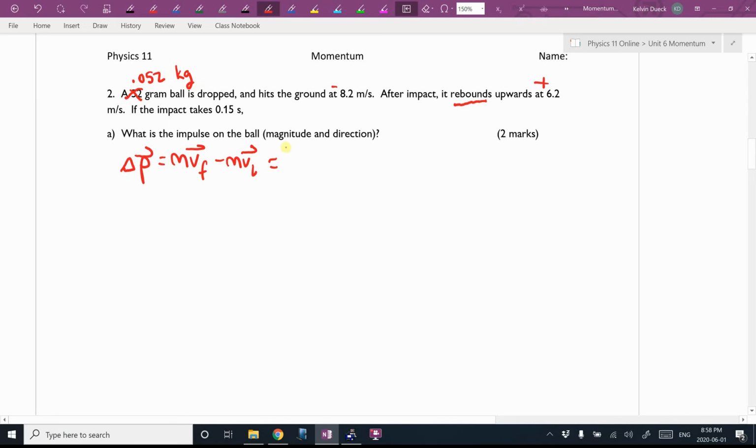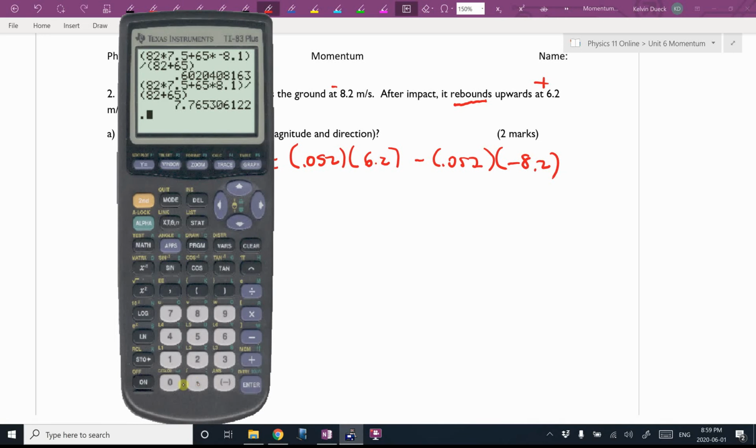0.052 kilograms. So it's going to be 0.052 times 6.2 minus 0.052 times negative 8.2. I'm going to have a minus minus here, which is going to be a plus. 0.052 times 6.2 minus 0.052 times negative 8.2. And I get an impulse of 0.736.